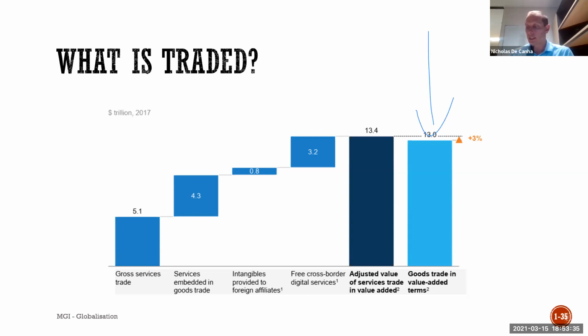But this slide's point is that you have a very similar amount of trade, which is in services. You may recall that the previous slide had 18 and 4. And here you have a figure of 5 trillion in services. But one of the things that McKinsey tends to point out, and this data is sourced from them, is that you have very high levels of services embedded in goods.